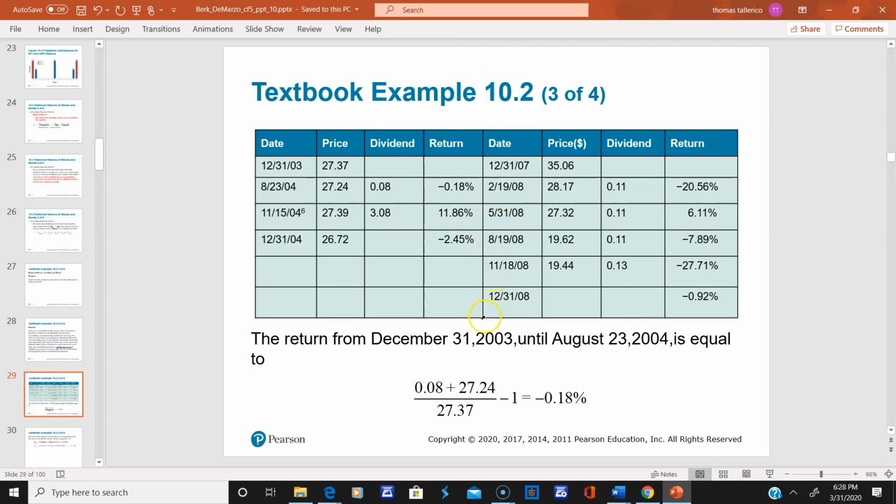We draw a line down the middle here, and you can clearly see. So the question is, how did they get minus 0.18%? Well, you take the 0.08 dividend, and you take the final price, divide it by the beginning price, subtract 1, and you get minus 0.18%.